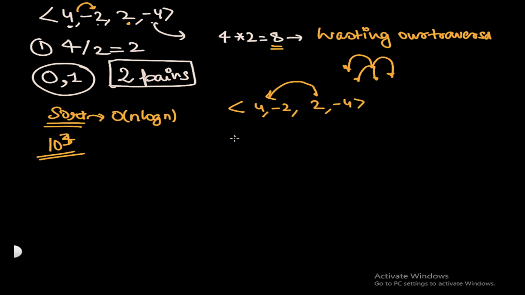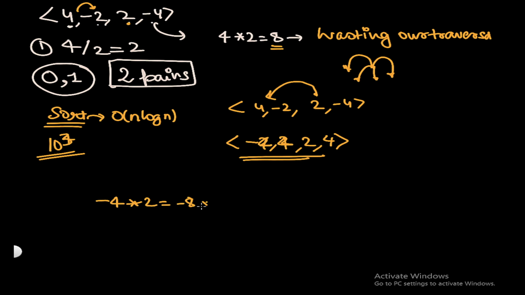And when we sort the array, it would become minus 2, 2, oh sorry, minus 4, 4, 2 and 4. Now let us try to solve this. First, minus 4 into 2 is minus 8, is it present in the array? No. Then we have 4 into 2, present in the array?